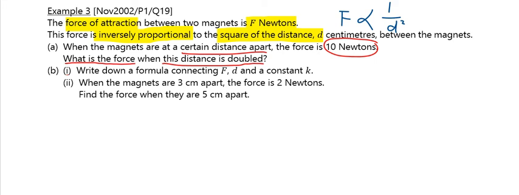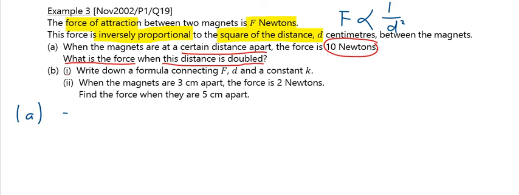Okay, now when you're going to do this, let's use what we have as the values, which is distance squared. Let's tackle the value first, which is when the magnets are at a certain distance apart. So let's have the distance first.